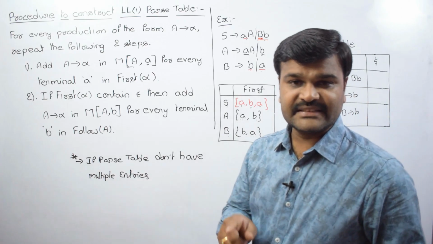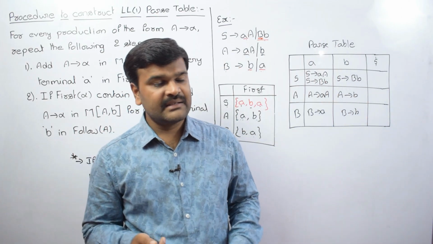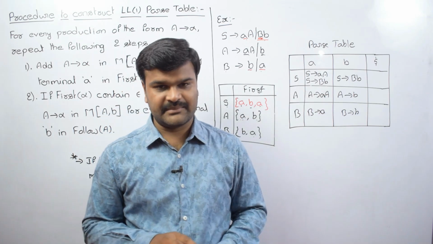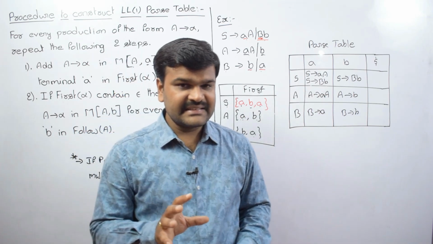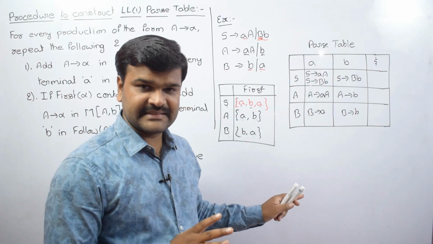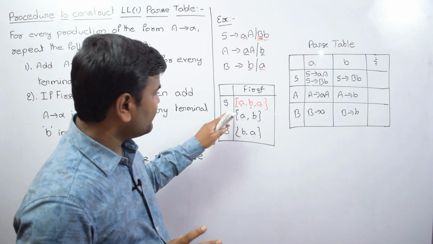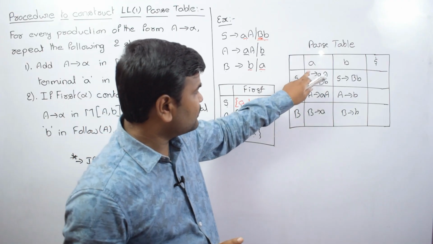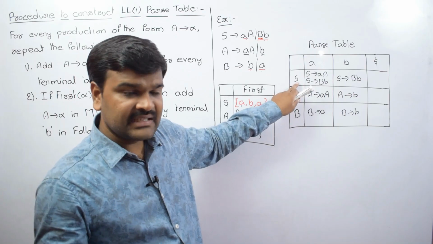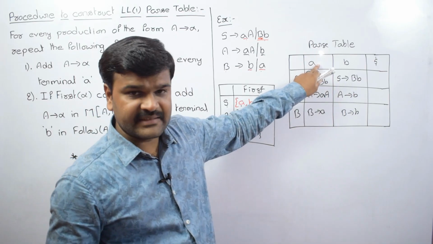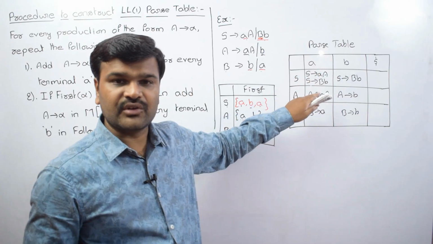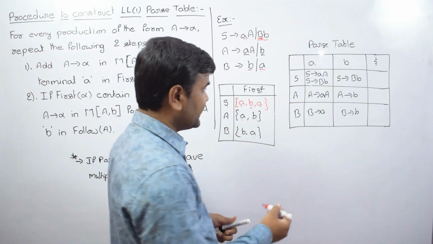Now whether this one is an LL1 grammar or not: because here we have multiple entries, this is not an LL1 grammar. See why this is not LL1 grammar, why you should not have a parse table like this. Whenever the non-terminal is S and the input symbol is a, which rule do you have to follow? Here we have 2 rules.